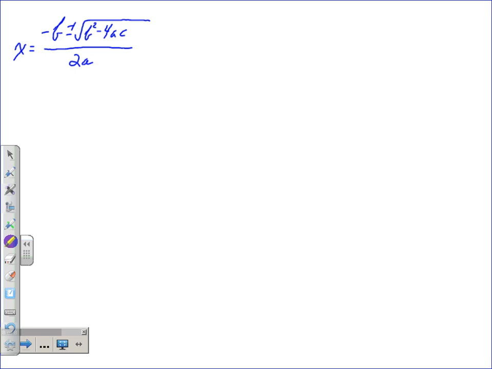Is that true? Right. And so underneath the square root, which is b squared minus 4ac, that was always a positive number. And how many answers would you get? You got two, the plus or minus, right?